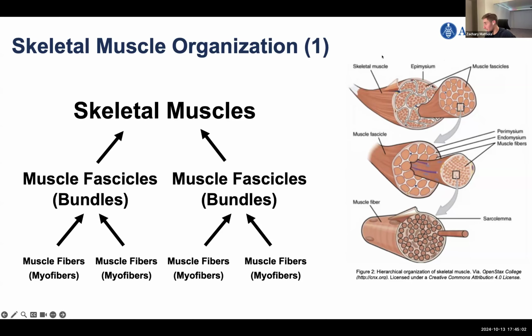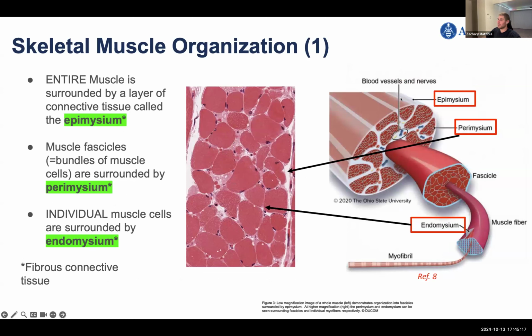Then a bunch of fascicles together comprise the actual skeletal muscle. So we go from muscle fiber to fascicle to the actual skeletal muscle. And all of these organizational layers are going to be surrounded by connective tissue.